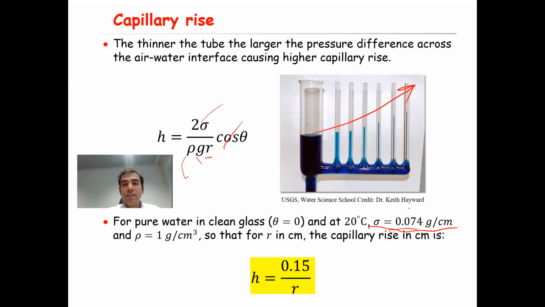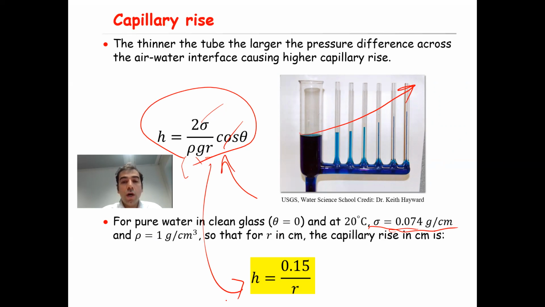Then you can plug these values into this equation, and it simplifies to h equal to 0.15 divided by r, when r is expressed in centimeters, and h will also be in centimeters. This is a common equation used, especially in hydrology textbooks, because you're mainly dealing with water, and these parameters are all given, so you can have a simpler equation. So for pure water in clean glass, theta equal to 0, at 20 degrees sigma is given, rho is given, that is 1 gram per cubic centimeter, so for r in centimeters, the capillary rise in centimeters is equal to that. So that is about the capillary rise.